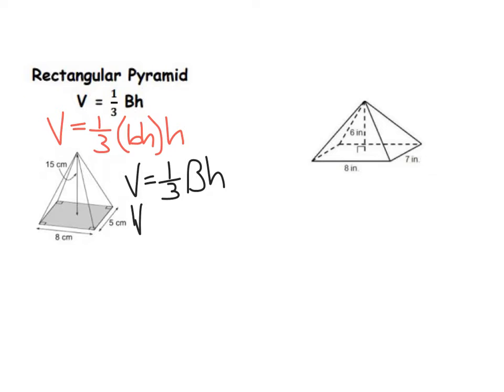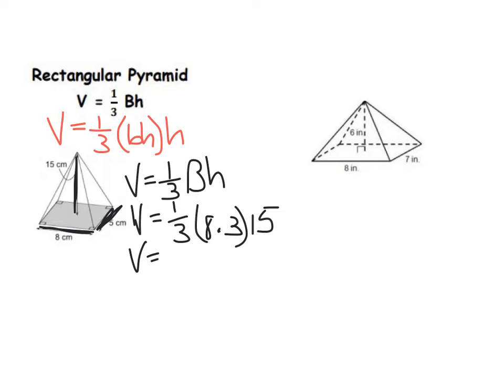Volume equals 1/3 of the base and height of the square, which is going to be 8 times 3. And the height of the pyramid, if you notice, is 15. So then I'm going to multiply 8 times 3, which is 24, and then times 15.